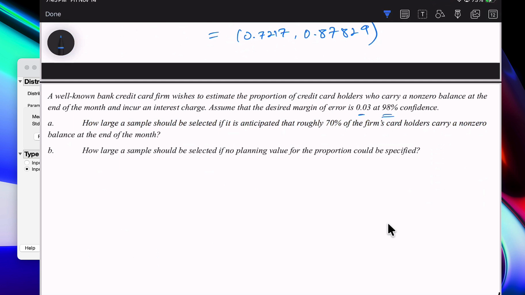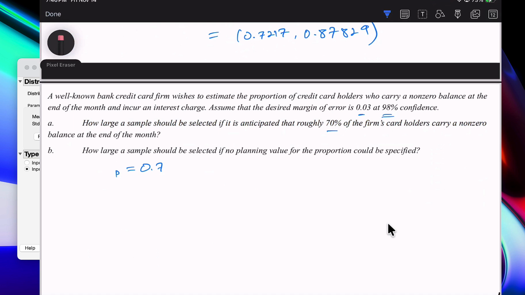So how large should the sample be if it is anticipated that roughly 70% of the firm's cardholders carry a non-zero balance at the end of the month? We are interested in figuring out what percentage of people carry a non-zero balance, and suppose our estimated proportion is 0.7. So our P star is 0.7.